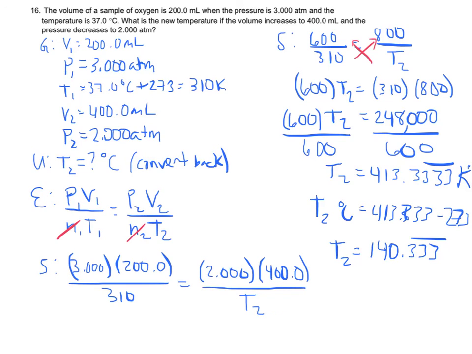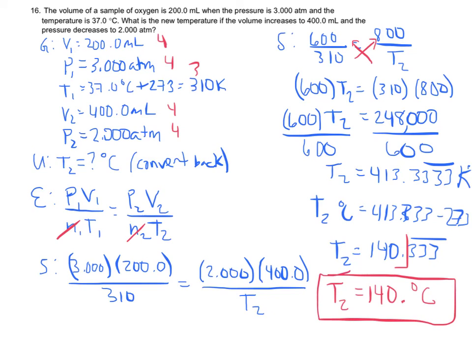All right, so the last thing to do is look at our significant digits. Our volume and our pressures all have 4, but our temperature has 3, which means our answer needs to go to 3. So our final answer is going to be 140 degrees Celsius, and you can go ahead and put that decimal on there. And that's the final answer.